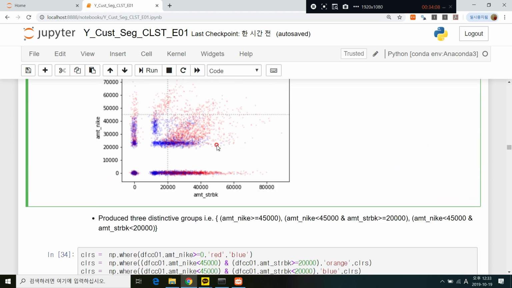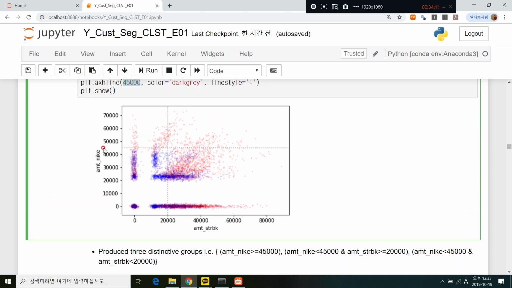Most of the guys above 45,000 of Nike spending are in red. And in this region, regardless of Nike spending, those with a bit more spending in the amount of Starbucks spending, this group is relatively red compared to this group.